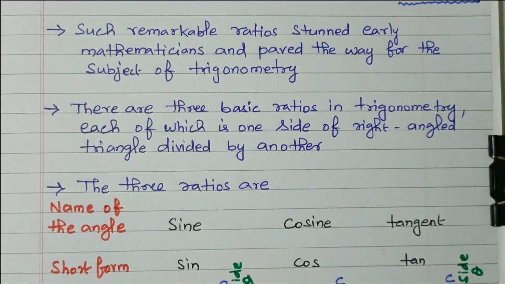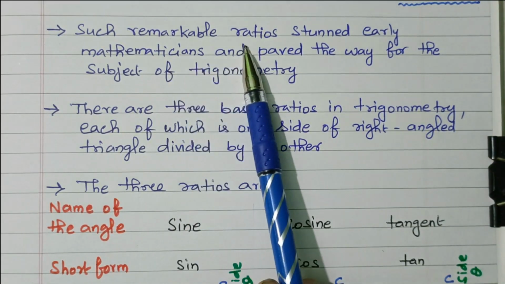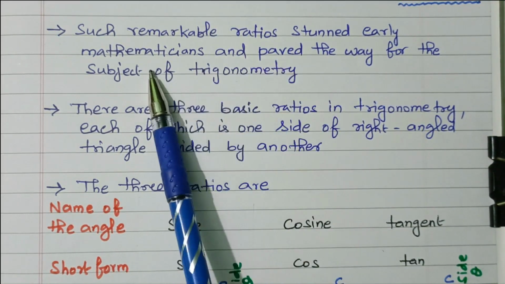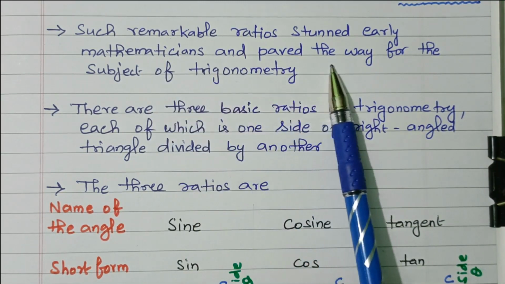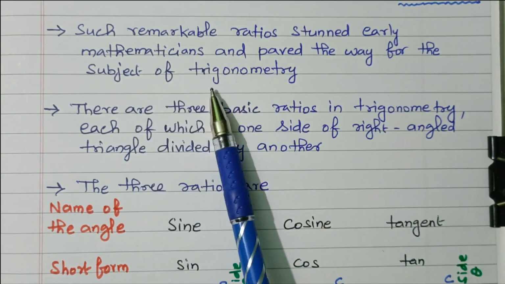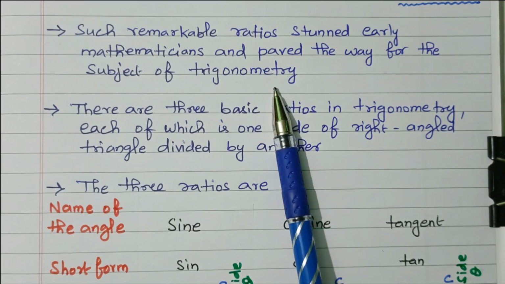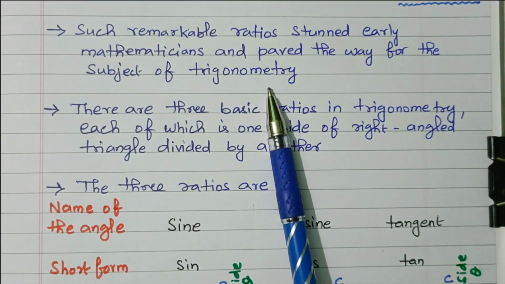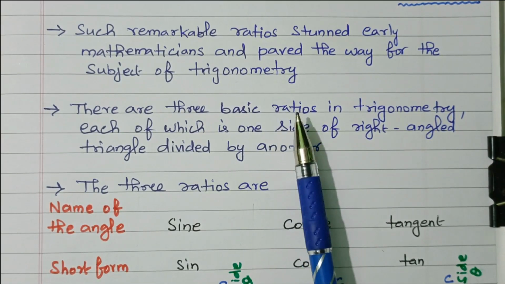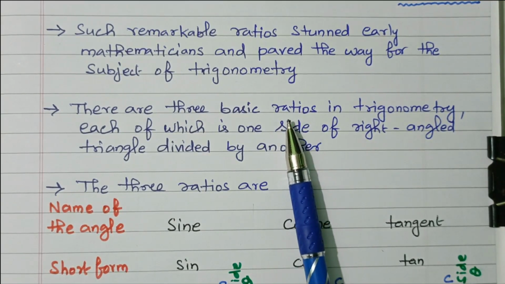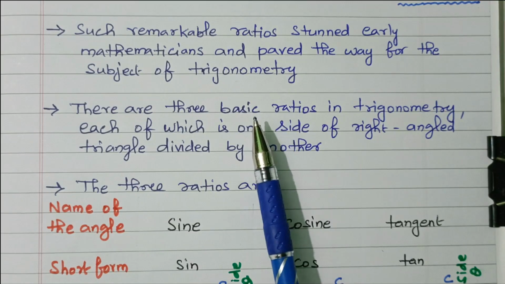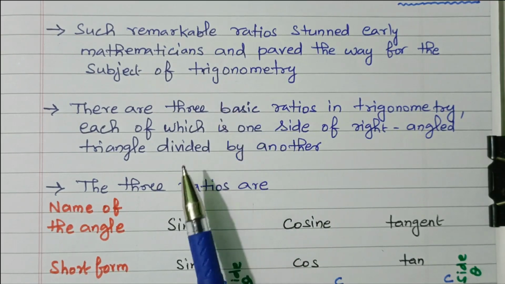Such a remarkable ratio stunned earlier mathematicians and paved the way for the subject trigonometry. From this observation they concluded that we can calculate the angle from the ratio and the ratio from the angle, so they framed the subject trigonometry.